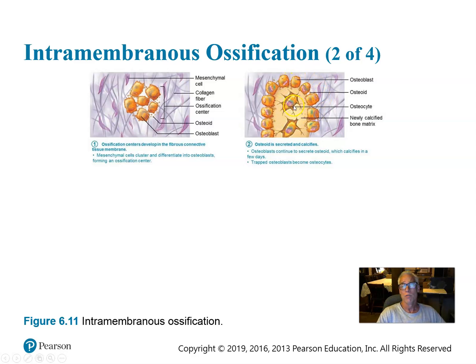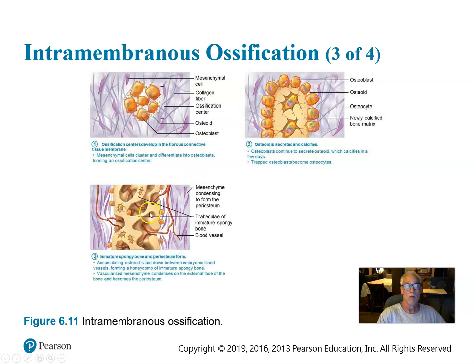As they continue to do so, they entrap some of the osteoblasts, such as this one, within the bone tissue, and that now matures and becomes an osteocyte. And that little hollow area is its lacuna in which it will reside. And the osteoblasts continue to produce more bone tissue on the surface, appositional growth.